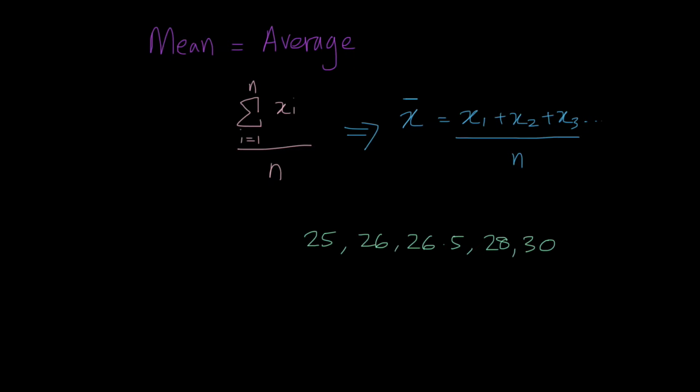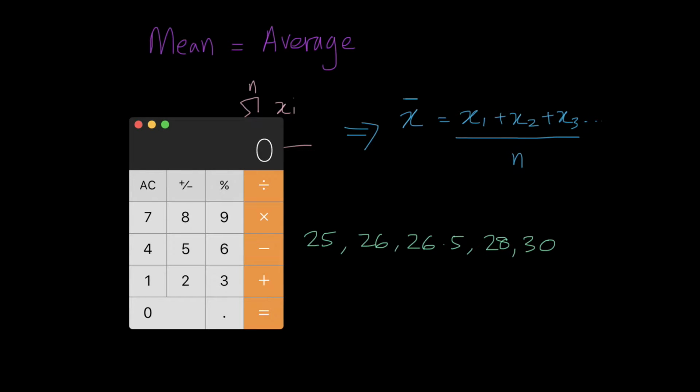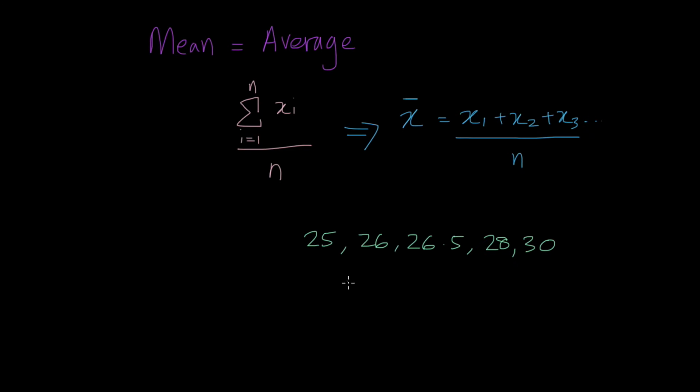So very quickly using the calculator, that would be 25 plus 26 plus 26.5 plus 28 plus 30. Because we have 5 terms, we divide it by 5, and that gives me 27.1. So the mean, or x bar, is 27.1.